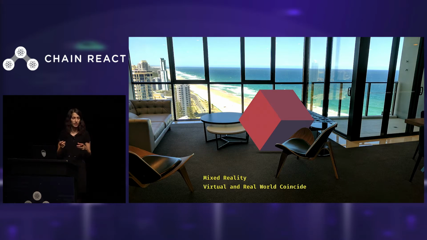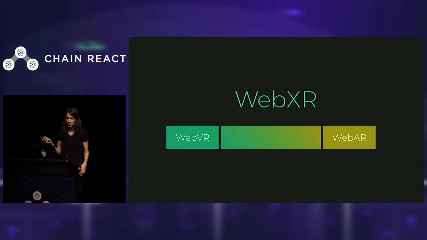So you see in this picture here, the three-dimensional cube thingy is not like a transparent layer on top of the world anymore, but it adapts lighting, casts shadows, and most of all, it disappears behind the chair. So as you can see, the X can stand for everything and maybe even for technology we do not even think about today. But what we can do today is write virtual and augmented reality apps with JavaScript.